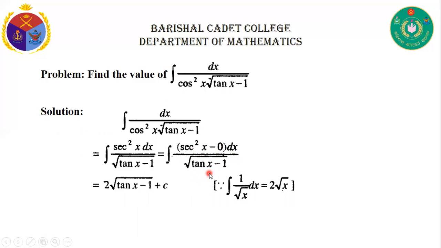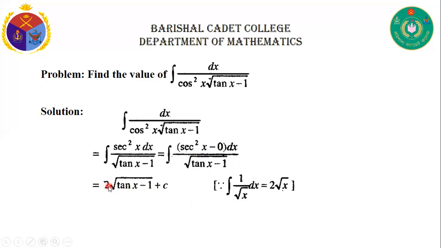Now we use the formula: the integral of f prime x divided by square root of f of x dx is 2 square root of f of x plus c. So this is f of x, and its differentiation is here.